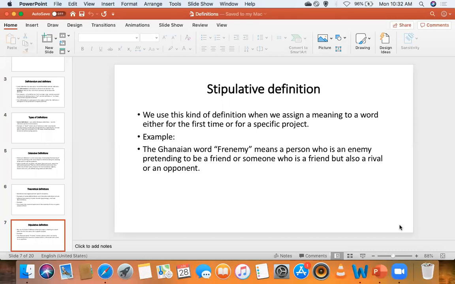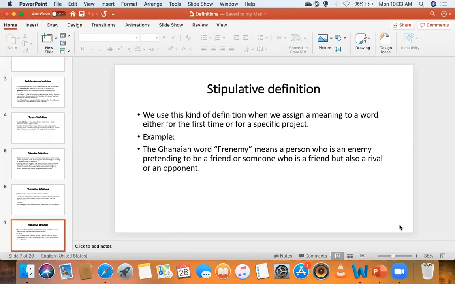It might not exist in the dictionary, or it has not been an established word in the English lexicon, but it has somehow emerged as a stipulative definition, because probably there is no definition for that kind of person in the dictionary, or probably a word for that kind of person has not been existing in the English language.